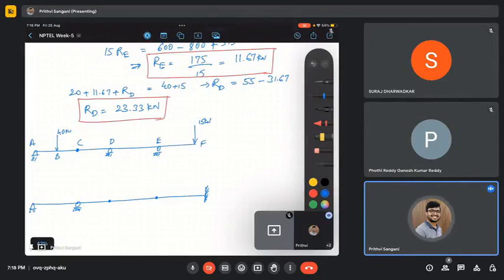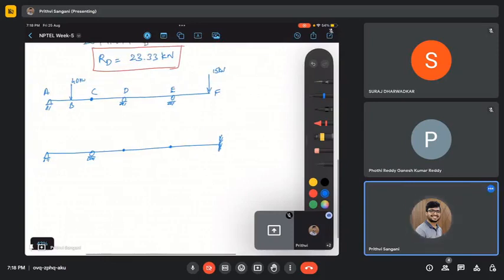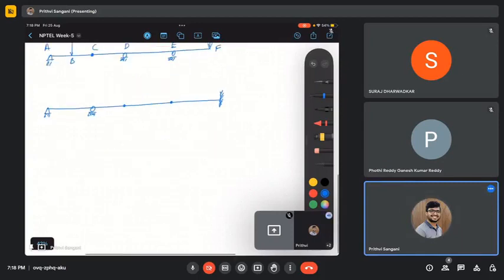So first let us draw the bending moment diagram. The loading in the conjugate beam will be the M by EI diagram of the real beam. Let us draw the free body diagram first. The free body diagram looks something like this. This is reaction A, 20. All the units are in kilonewtons.